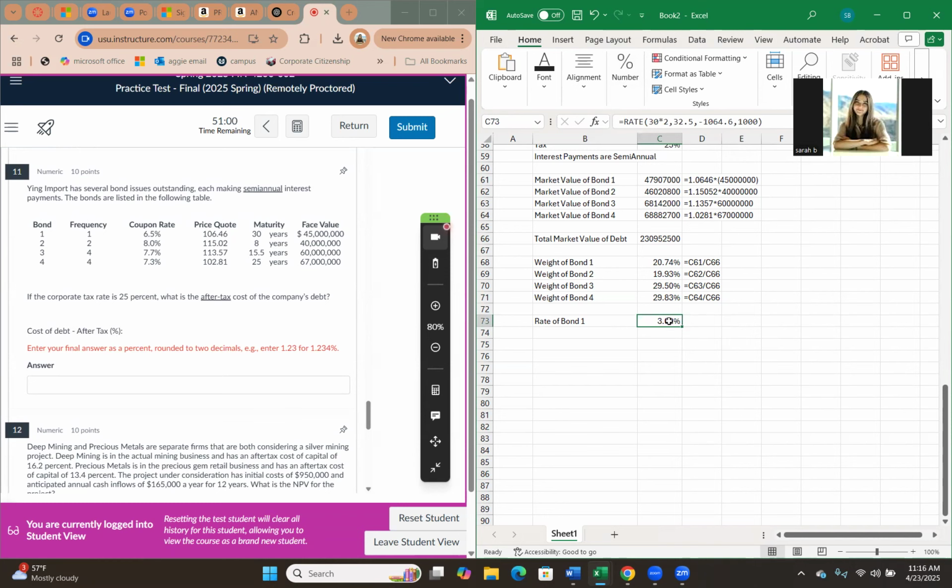Okay. Hold up. Okay, so this here shows us the, well, here, let me calculate the actual payment in here for you. So this is going to be 6.5% times 1,000.